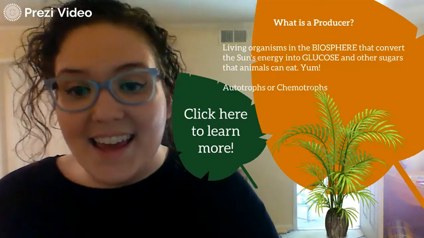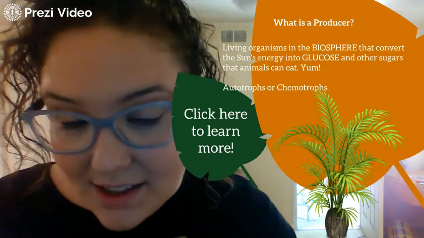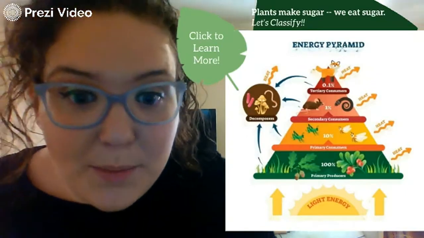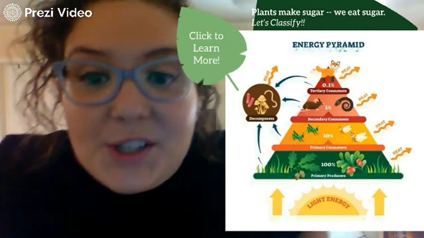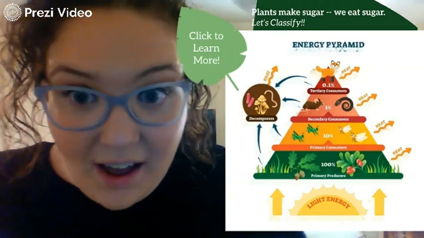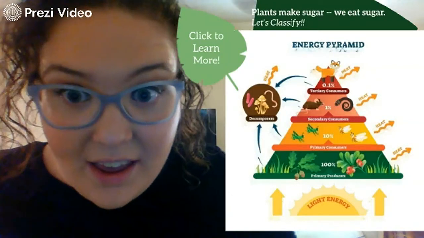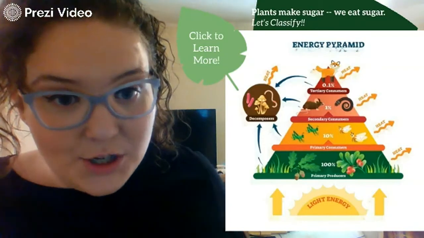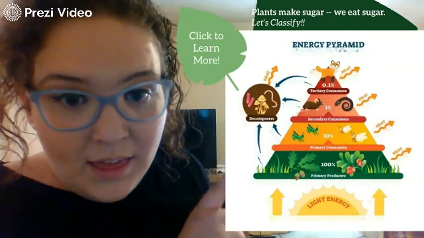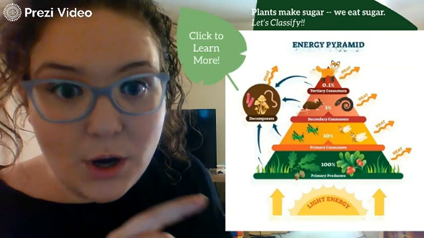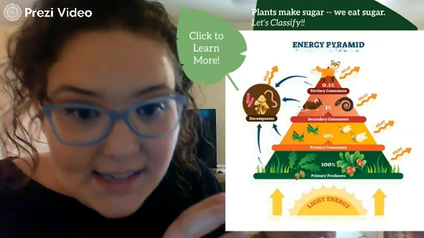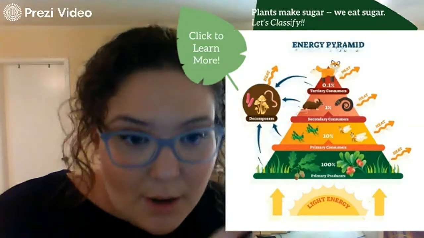So, because a plant takes in the sun's energy and uses the chemical process of photosynthesis to convert sun, water, and carbon dioxide into oxygen, a waste product, and glucose, a food for us to eat, they are autotrophs. And we will click here to learn a little bit more. So click on this link to learn more.